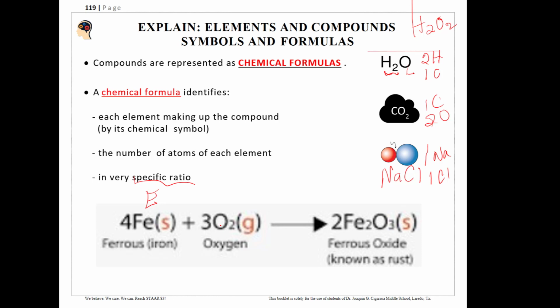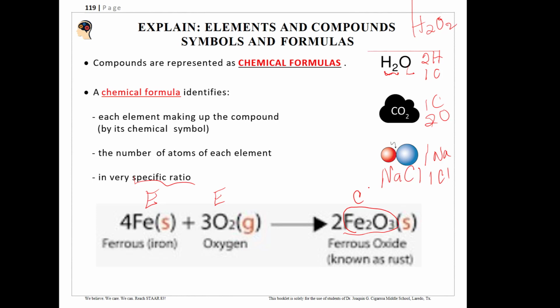O2 means two atoms of oxygen, and that is just one type of atom, so that's an element. So two elements combined form the ferrous oxide or rust, which is Fe2O3. This is the chemical formula, and this is now a compound.